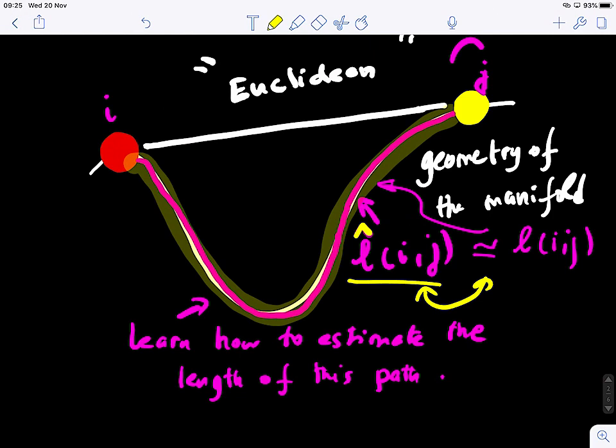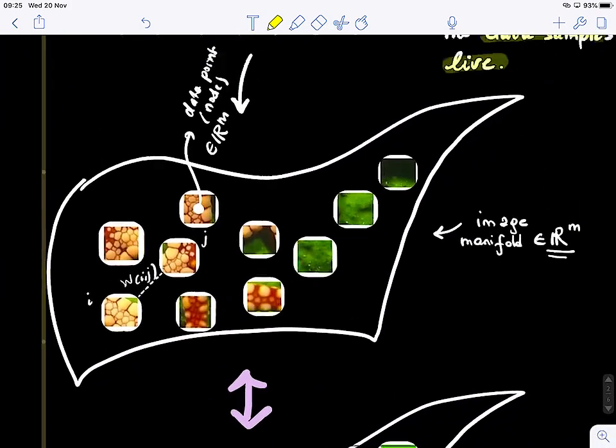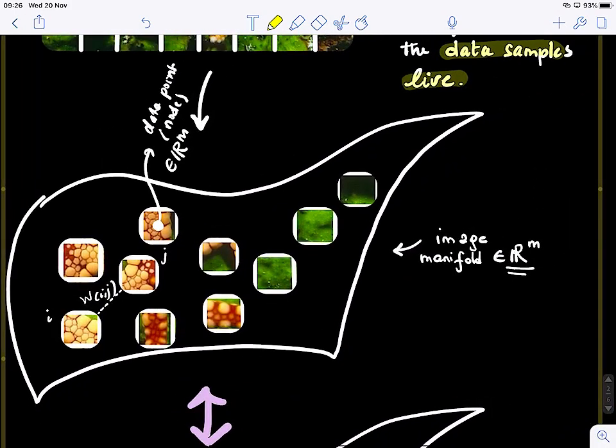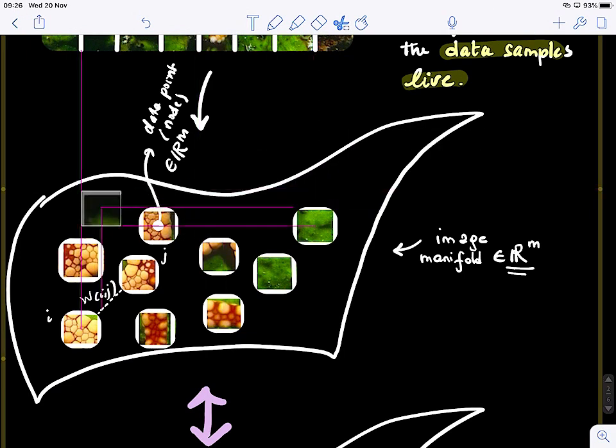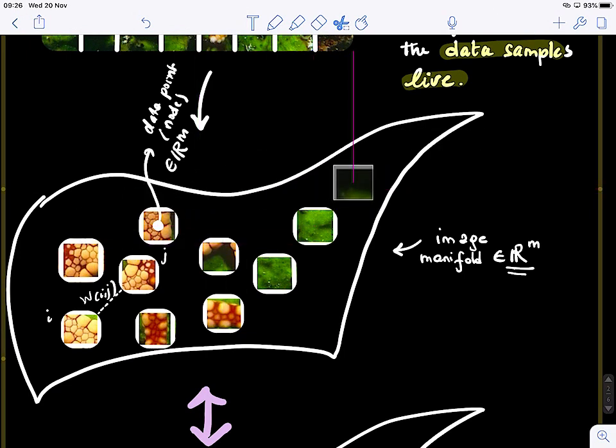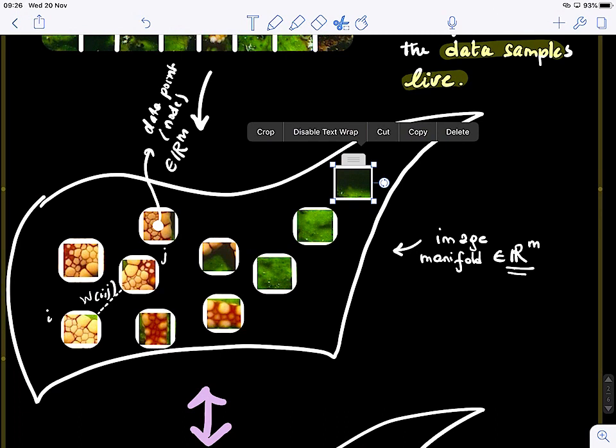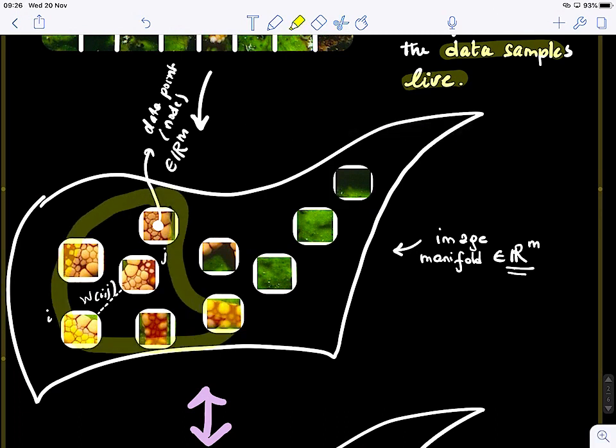So this boils down to doing what, guys? If we learn how to estimate this, this is actually the similarity between the samples, and this is what we want to do. Okay, back to our story. If we learn how to place these samples in this space in such a way that similar samples cluster together, you can see here we can easily find our objects.